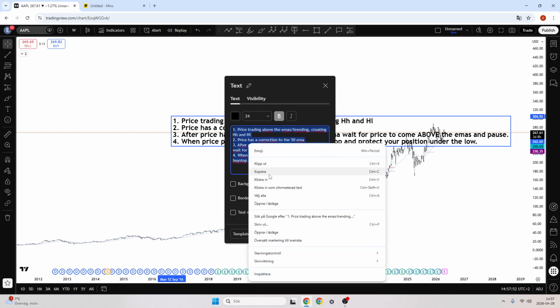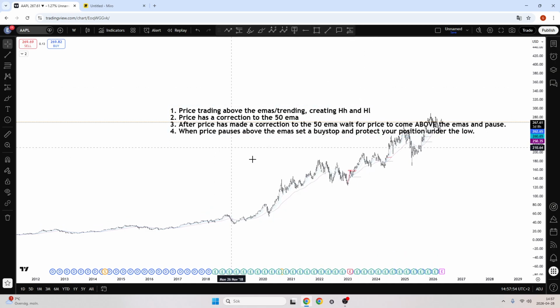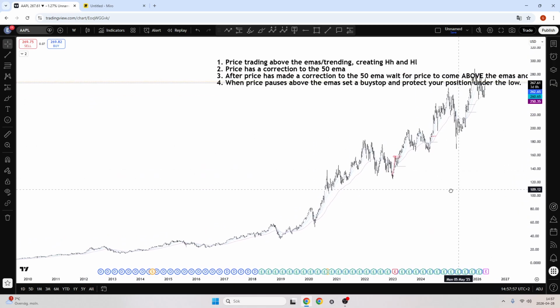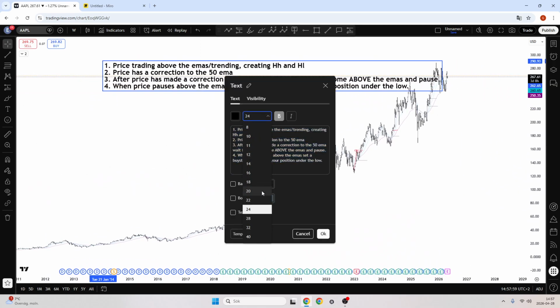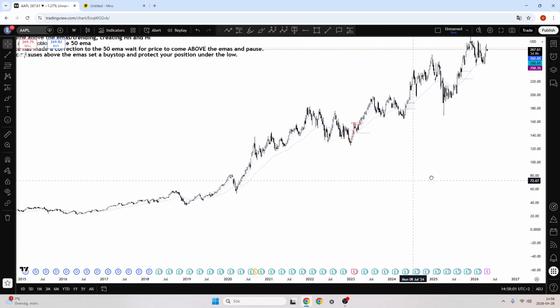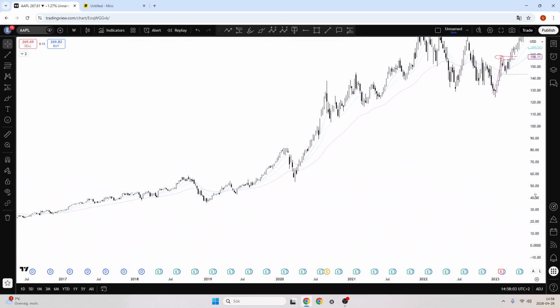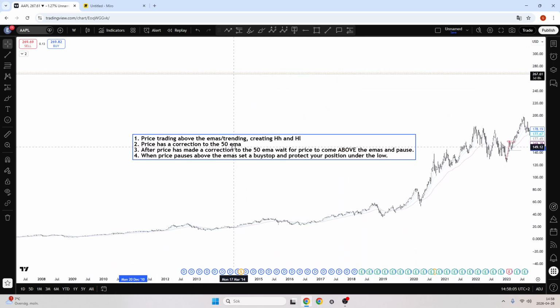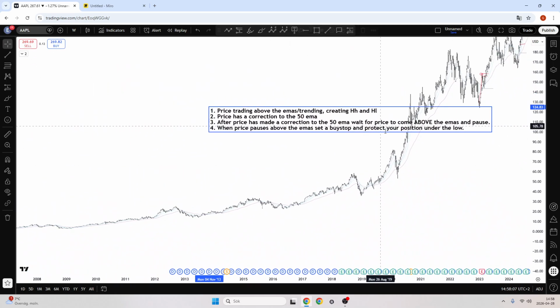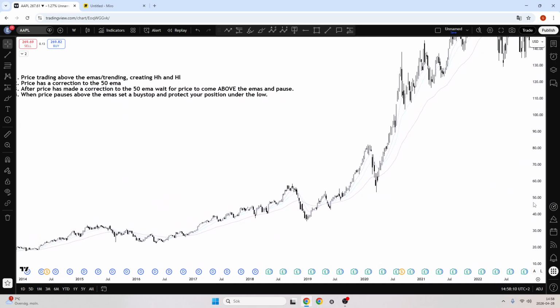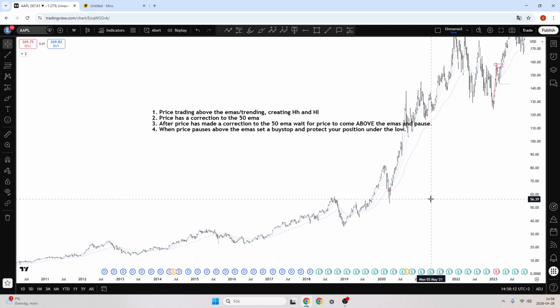All right, so now what we're doing right here is we're going to search for these kinds of things. So let's see if this is how price actually moves. Let's have this in mind. This is for the purpose of recognizing how winners look.